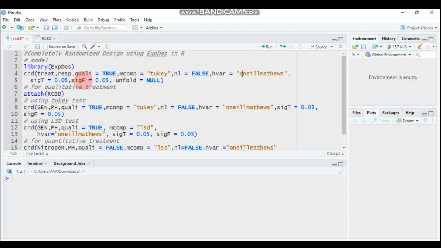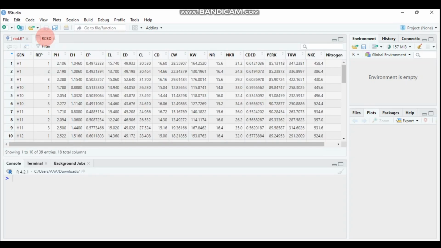Then let's import our data, and in order to save our time, I already imported my data, which is similar to the previous one. So we are going to omit the replication column, and here is the genotype, which is a qualitative treatment.